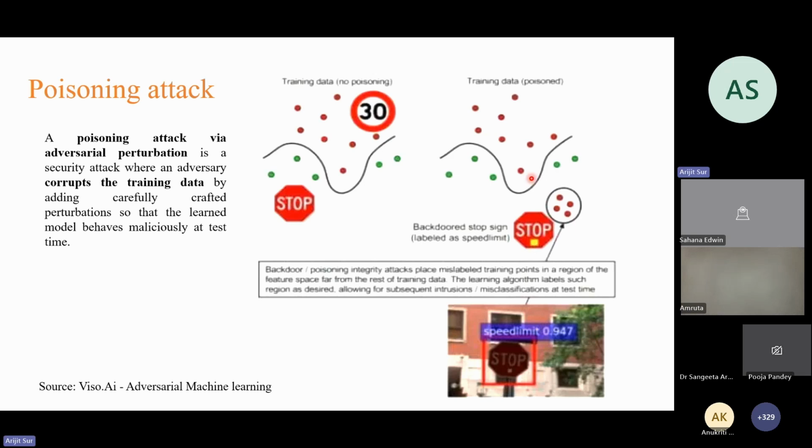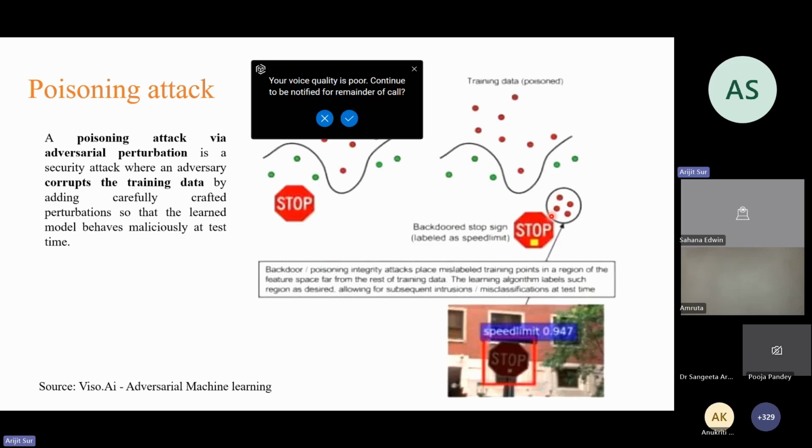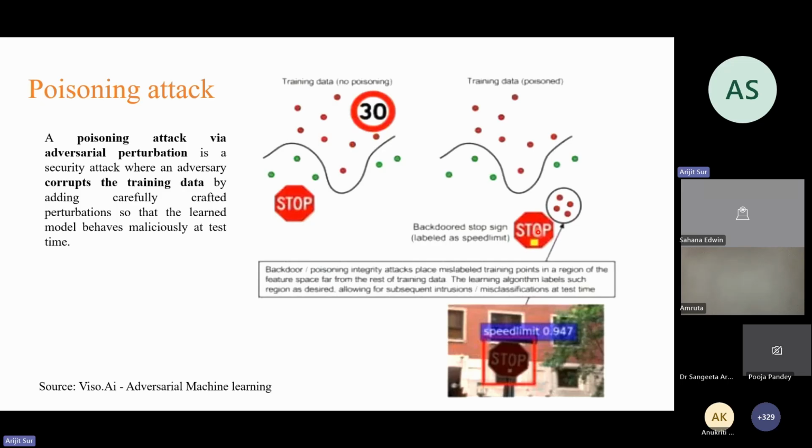Now what happened? You see this stop sign now becomes these four things. These data points are very adjacent to the stop sign. So there may be a situation where the classifier understands that this stop sign is not on this side of the decision boundary.